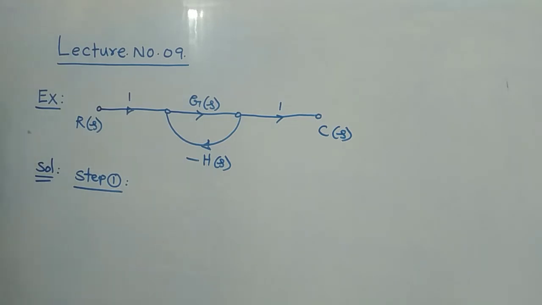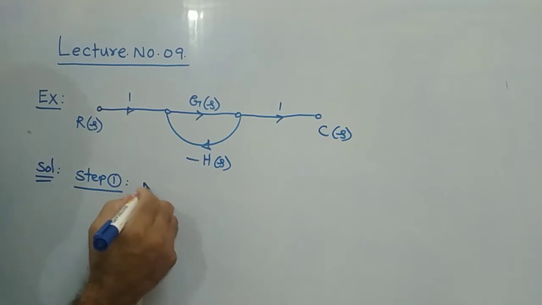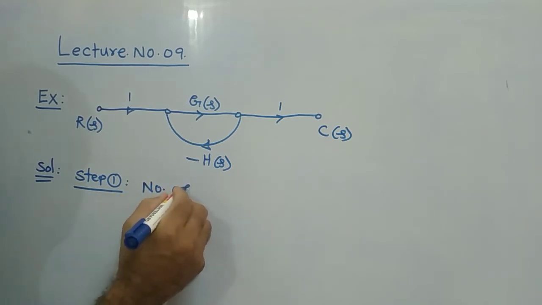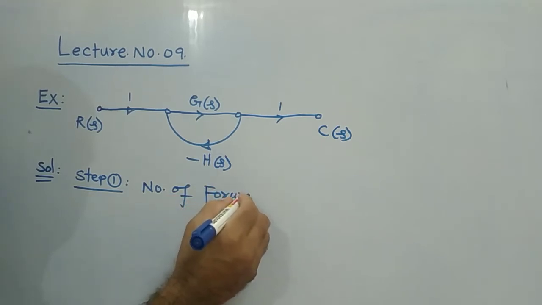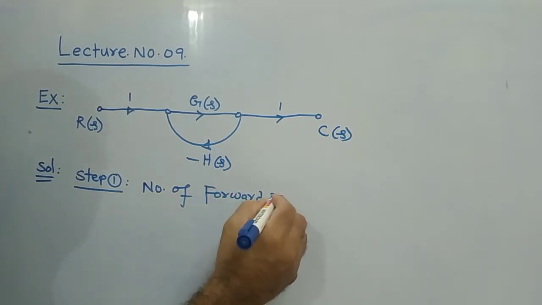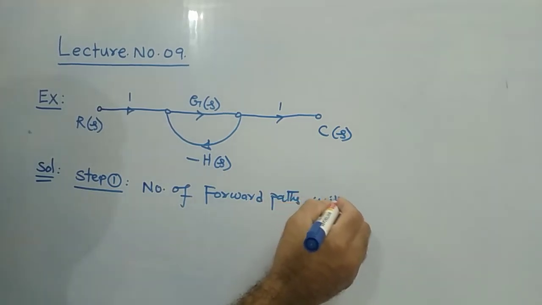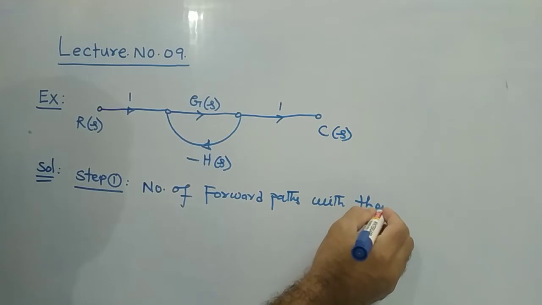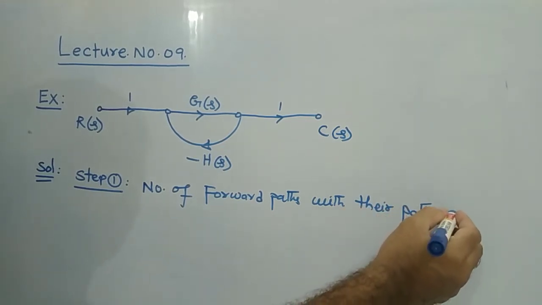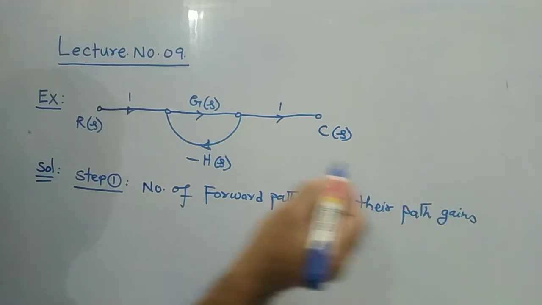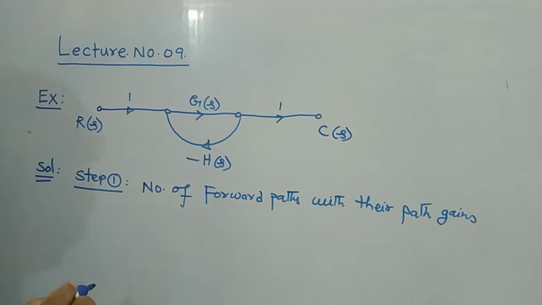What we have seen in our last presentation, in step number 1, is the number of forward paths with their path gains in the given signal flow graph diagram.